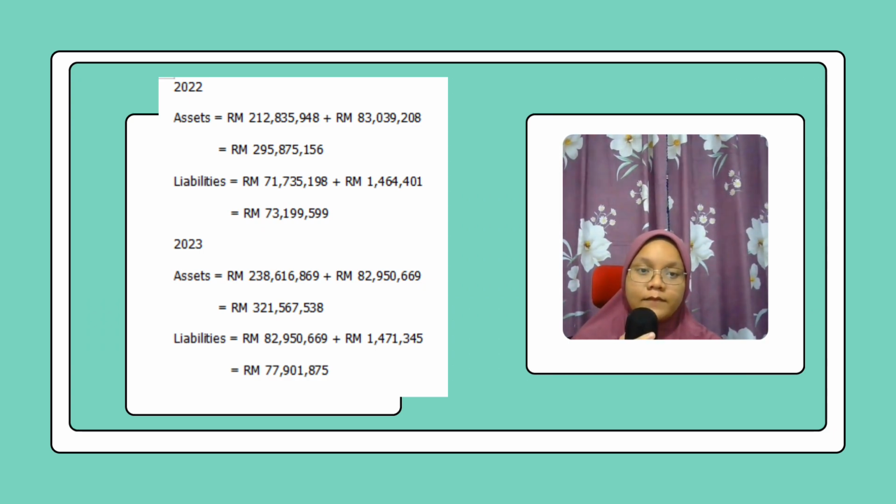And lastly, for liabilities: RM 82,915,669 plus RM 1,471,345, and the total is RM 77,901,875.